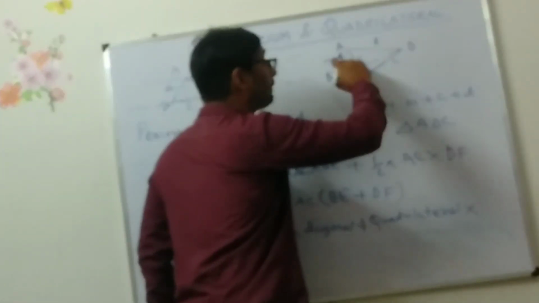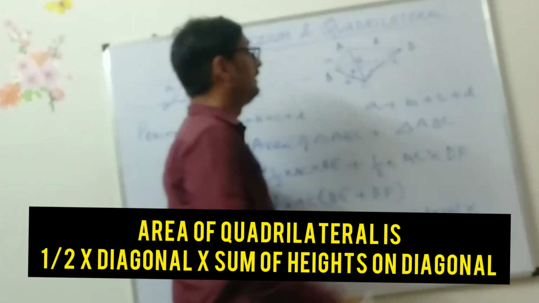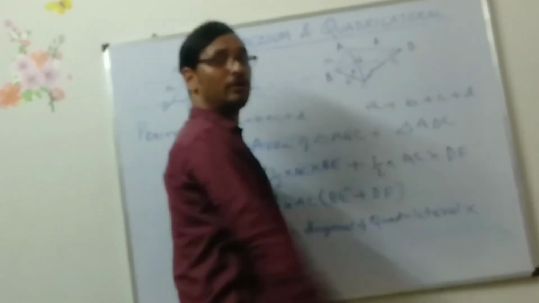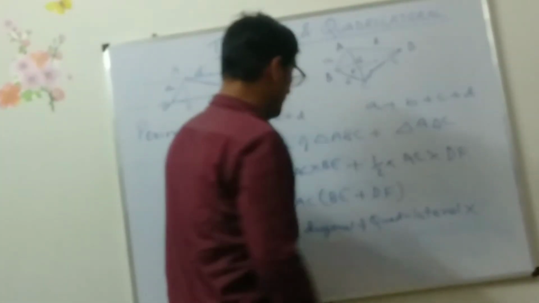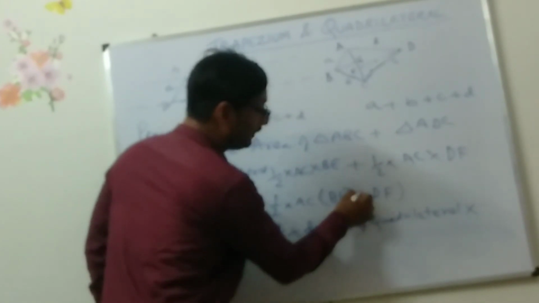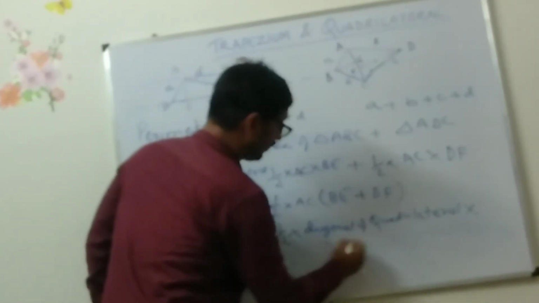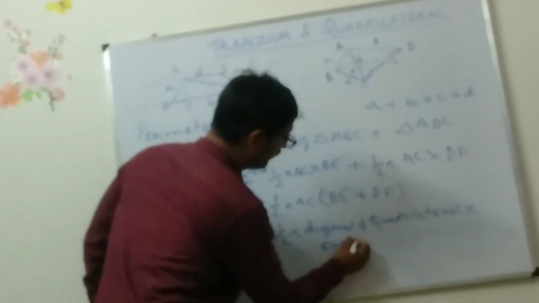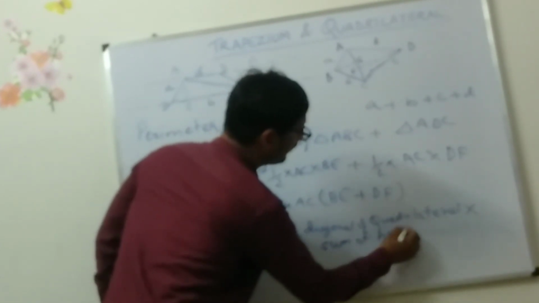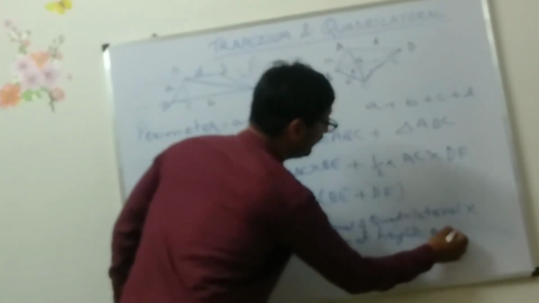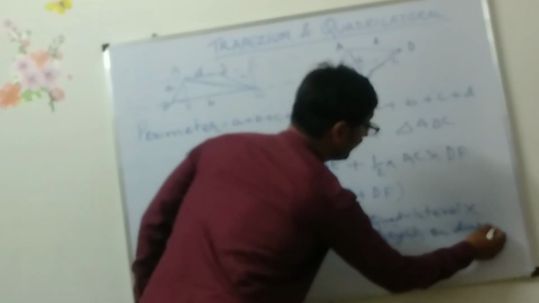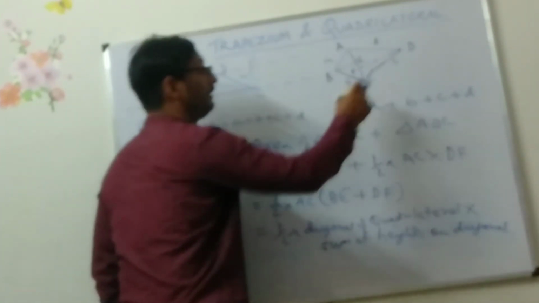BE is perpendicular on AC and DF is perpendicular on AC. So in between there is plus. So what will you write? Sum of heights on diagonal.